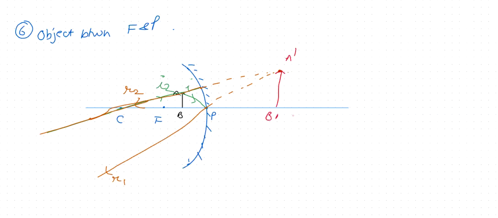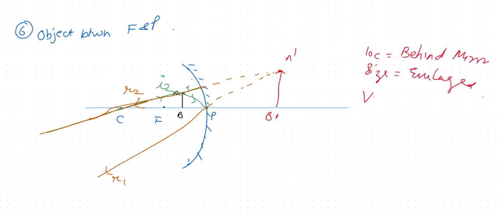What do you notice about the image? Location: beyond the mirror, or you can say it behind the mirror actually. Behind mirror. Size: enlarged, right? It is bigger than the object. And is it virtual or real? It is virtual because the reflected rays are not actually intersecting, right?